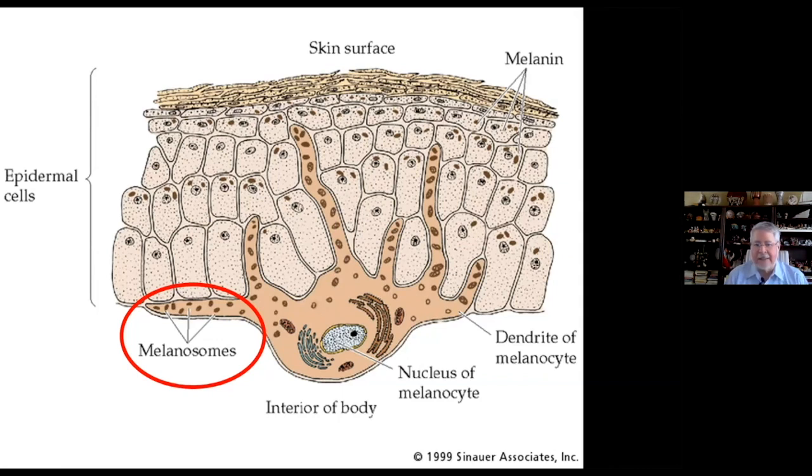Melanin pigment is made in these melanosomes and exported into the overlying skin cells, and that gives our skin its pigmentation. The instructions for making melanin in these melanosomes come from genes in the nucleus of the melanocyte, and that's what we'll talk about today, the inheritance patterns of these genes.